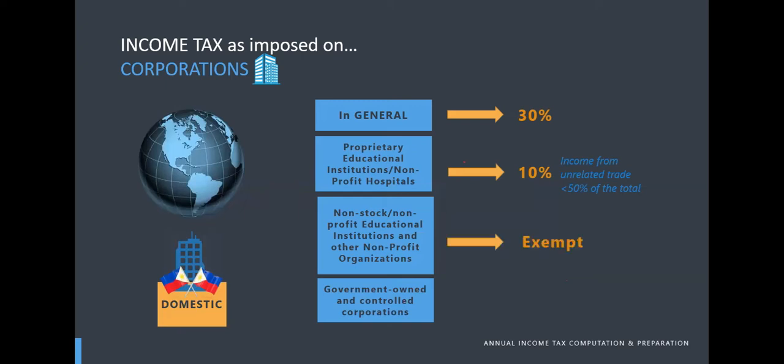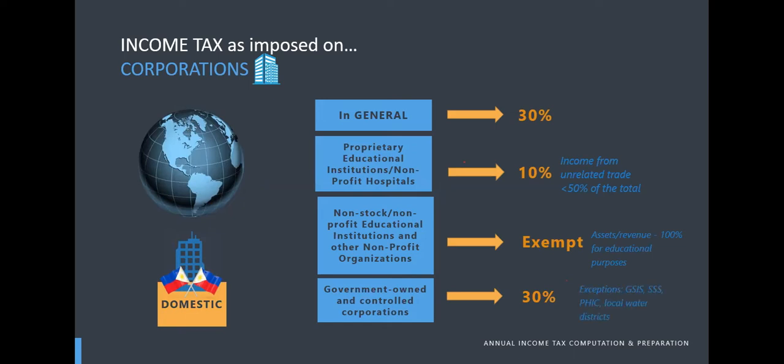Next, non-stock, non-profit educational institutions and other non-profit organizations are exempt, while this is an assumption that their assets and revenue are 100% used for educational purposes only. Government-owned and controlled corporations are taxed at 30%, similar to domestic corporations in general.